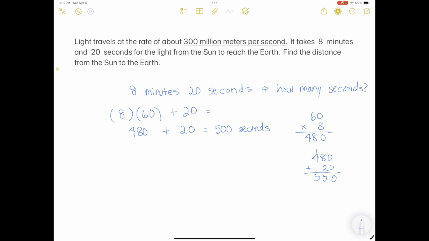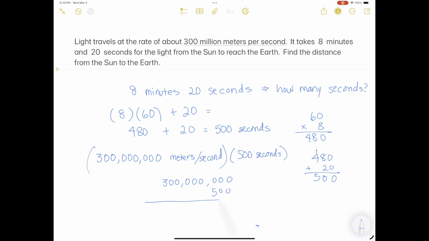Now to find the distance from the sun to the earth, we multiply 300 million meters per second, which is how fast light travels, times 500 seconds. This multiplication problem may seem complicated because it has so many zeros that we have to keep track of, but it will become clearer if you watch lessons 17 through 19 discussing multiplication of decimals and scientific notation.